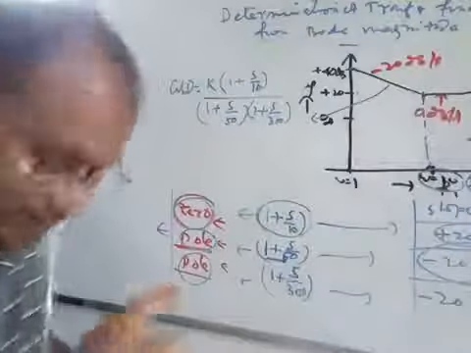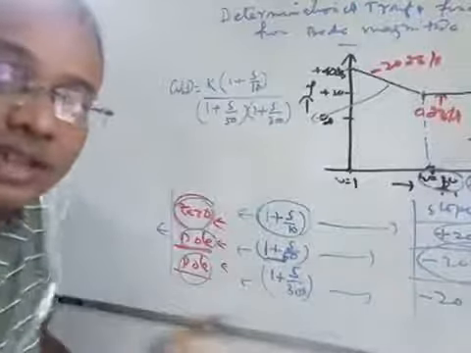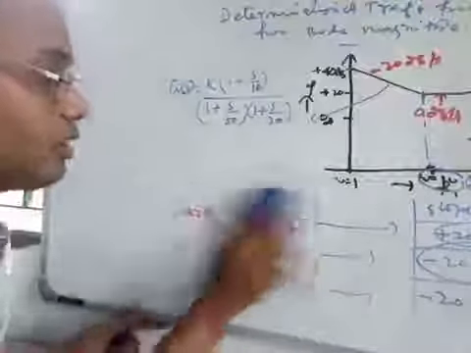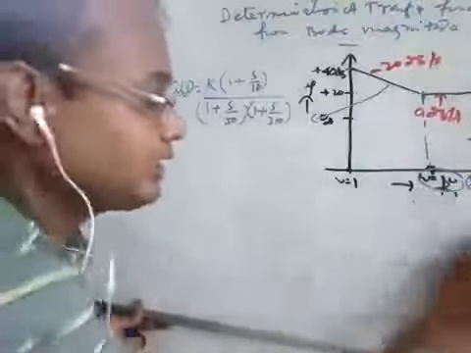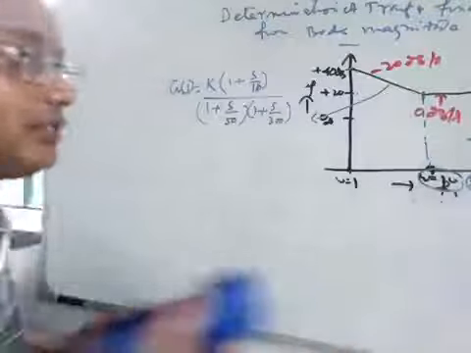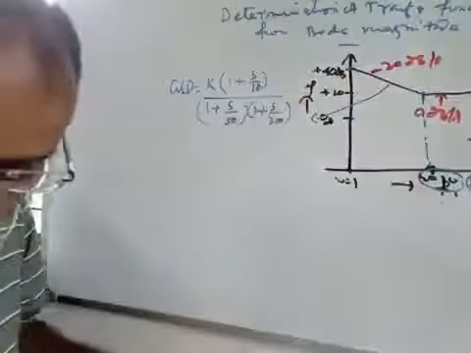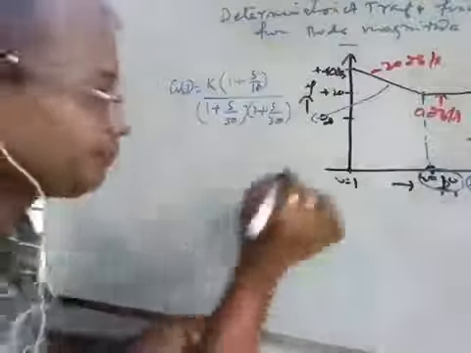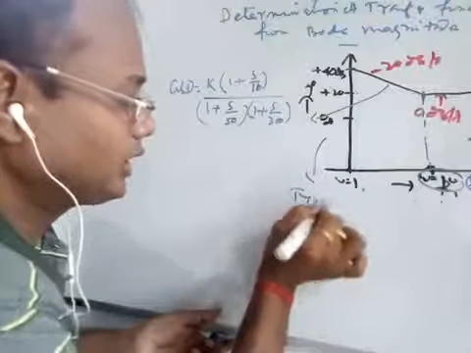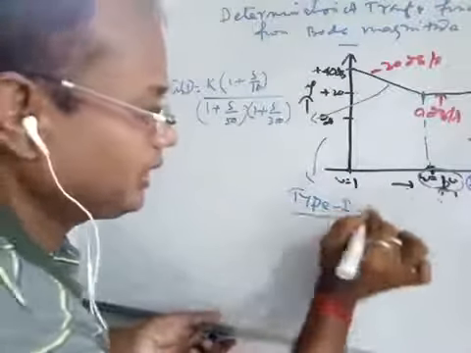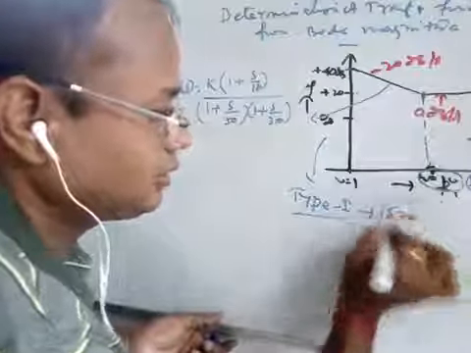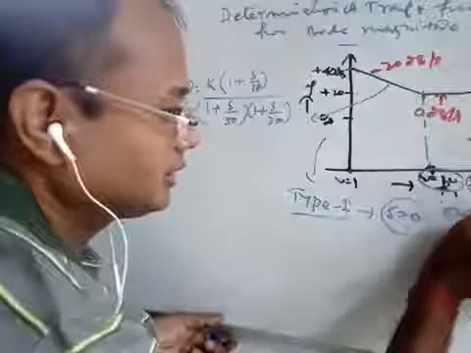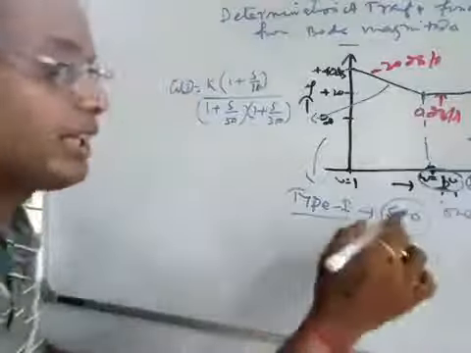Now coming to the part we have discussed, this is a type 1 system. Why is this a type 1 system? Because there is an initial slope of minus 20 dB per decade, we can see from here, right? So as this is type 1, it means there is a single pole at s equal to 0.